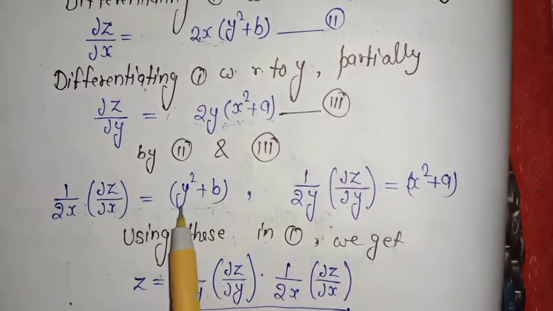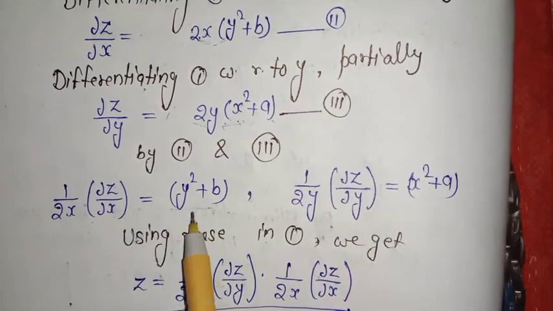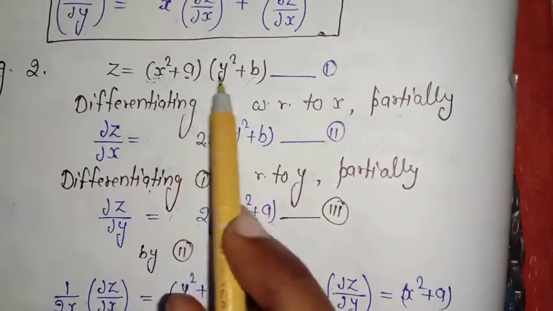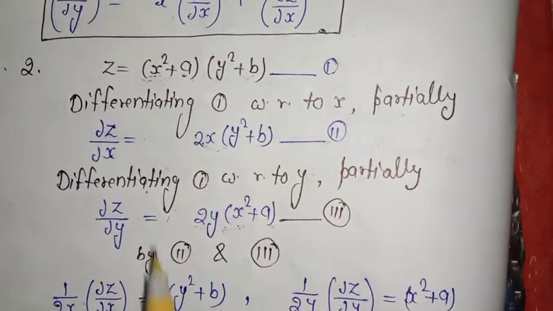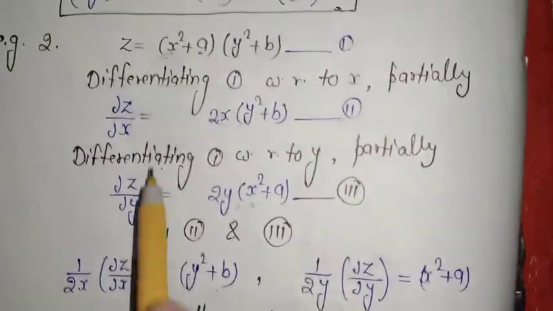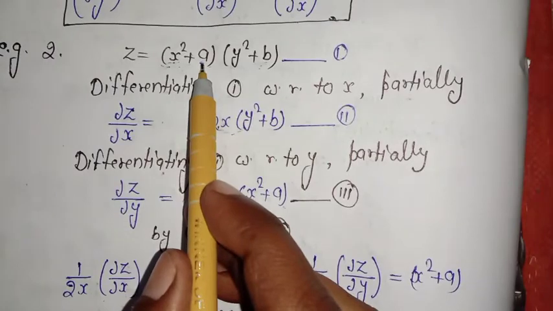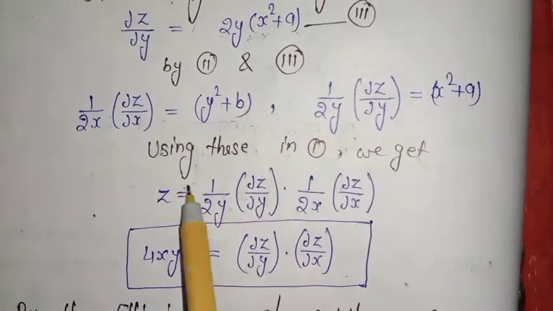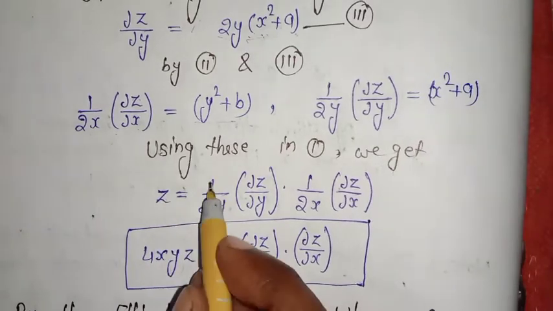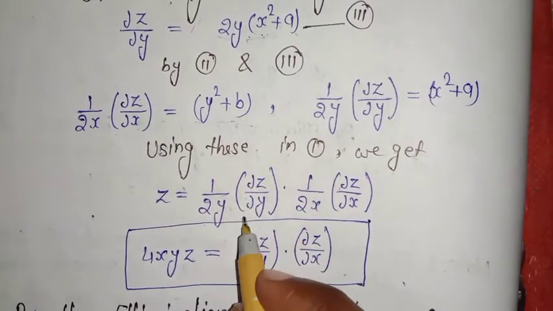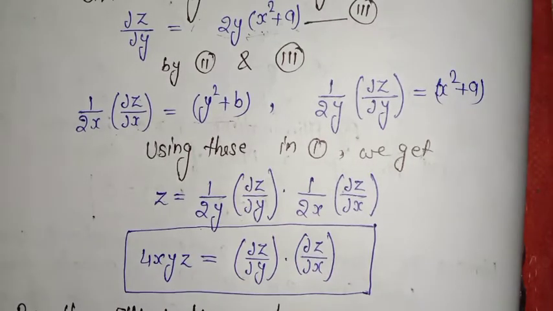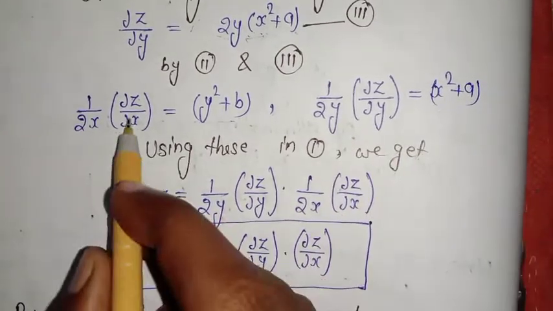Now I will use these terms in the equation number 1, because we want to eliminate the arbitrary constants from here. If I put the values of x square plus a and y square plus b from these two equations, then this becomes z equal to 1 by 2y ∂z/∂y, that is coming from here, into 1 by 2x into ∂z/∂x in place of y square plus b, and this is coming from here.